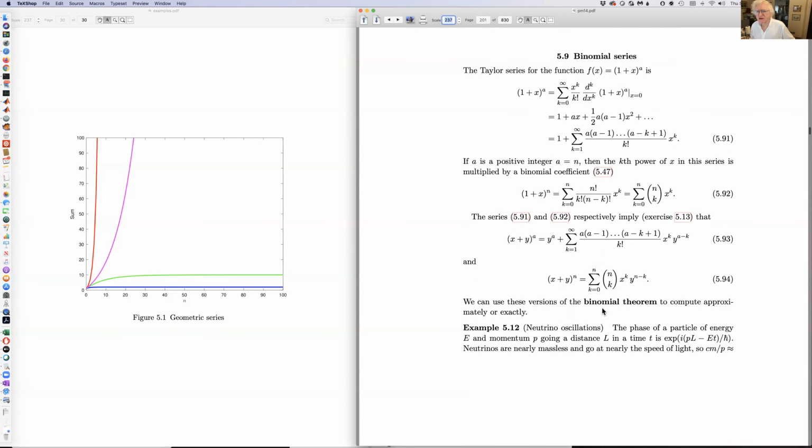Okay, binomial series. What you must have learned in college is that (1 plus x) to the integer power n is just a sum of the binomial coefficients times x to the k, and you can write it this way. By the way, the LaTeX form for this is \choose and then something like curly brackets n, k, I think.